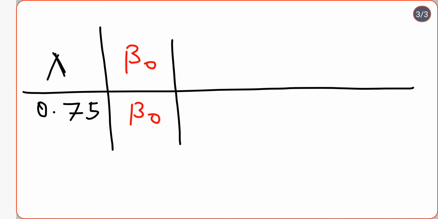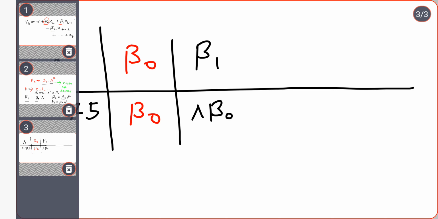Now if lambda equals 0.75, what will be the value of beta 1? Can you tell me? Basically beta 1 is nothing but lambda into beta 0, as we have seen from the previous slide.